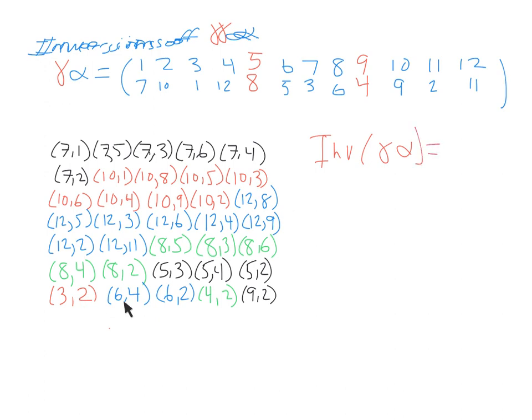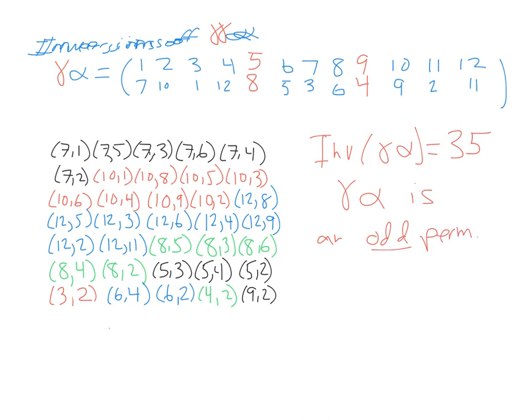We've got 1, 2, 3, 4, 5 columns, and 1, 2, 3, 4, 5, 6, 7 rows. And so the inversion number turns out to be 35. So it turns out that first do alpha, then do gamma is an odd permutation.